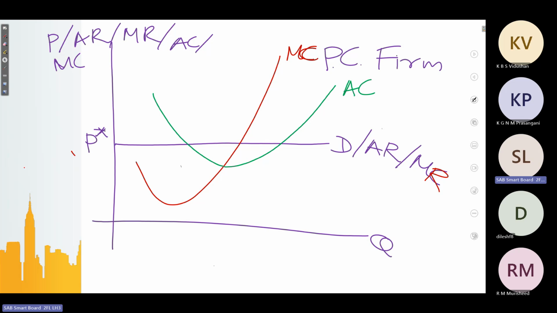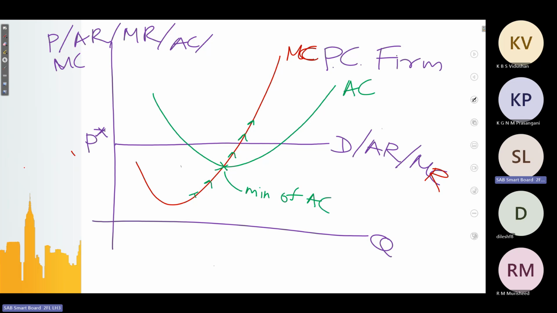But particularly, we have to be careful about this point. Marginal cost curve should go through the minimum point of the average cost curve. It's based on economic theory.